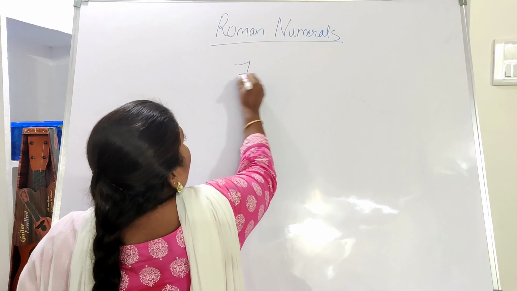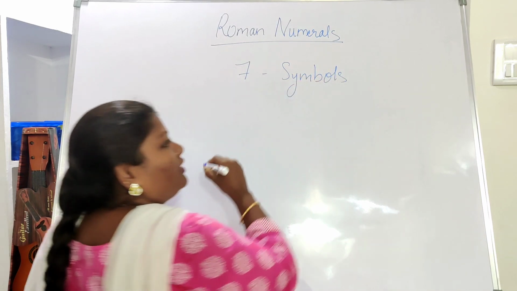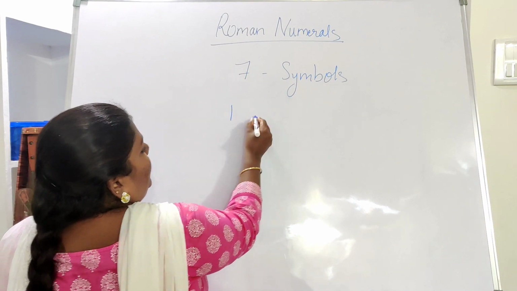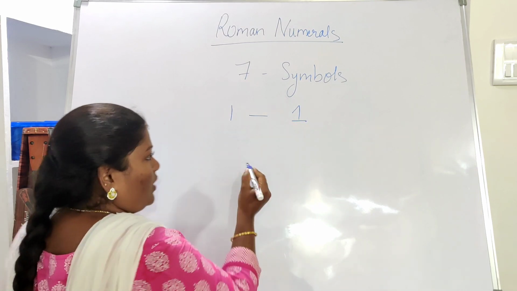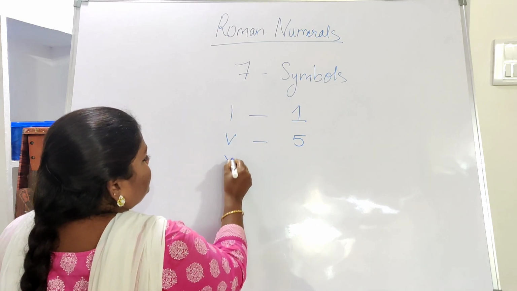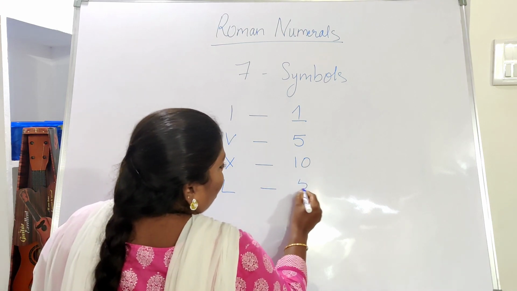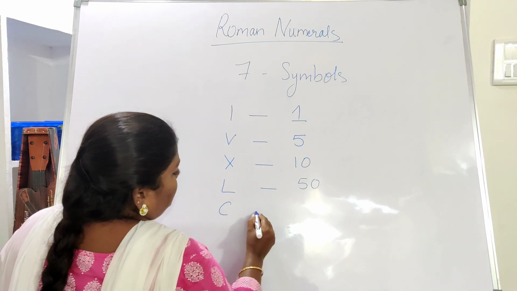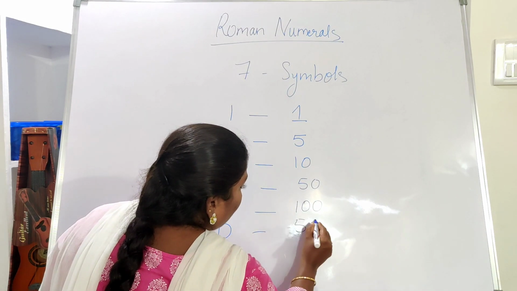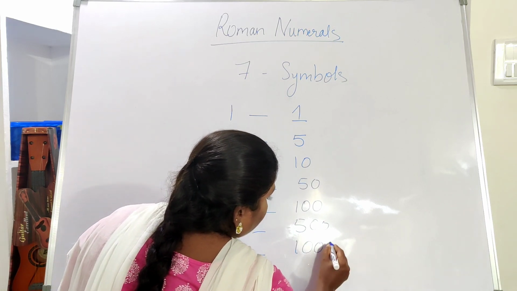They have 7 symbols, and using these 7 symbols they wrote numbers. They took I as the value 1, V which stands for value 5, X stands for 10, L stands for 50, C stands for 100, D stands for 500 and M stands for 1000.